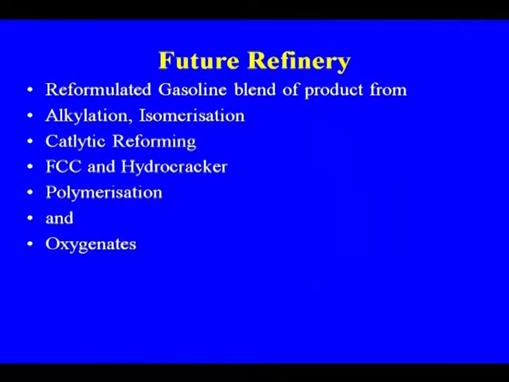Reformulated gasoline will be a blend of products from alkylation, isomerization, catalytic reforming, FCC and hydrocracker, polymerization, plus the addition of oxygenate, meaning methanol or alcohol. That will increase the total output of the refinery and at the same time give a better octane number.